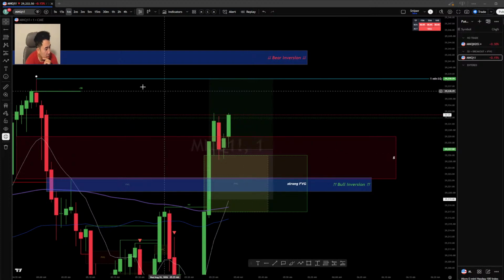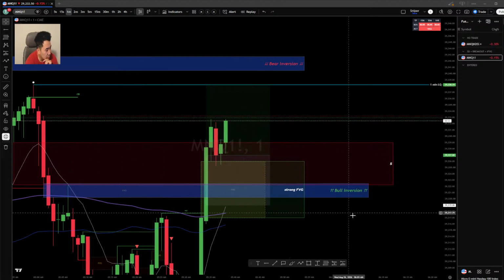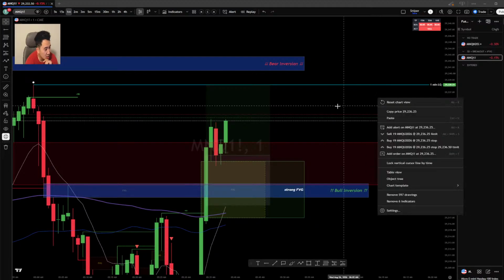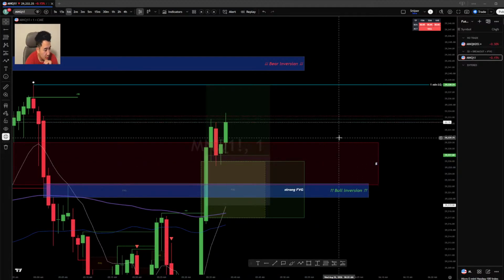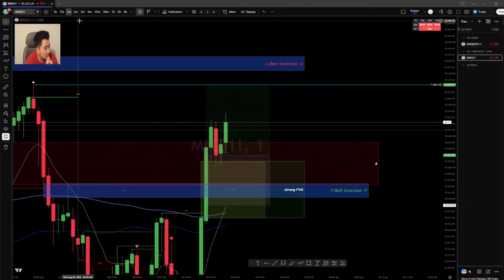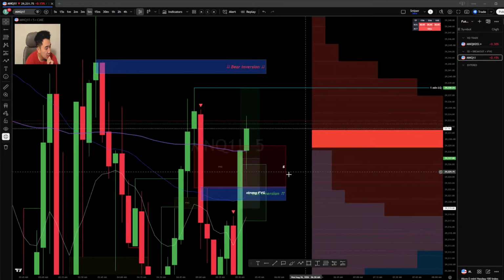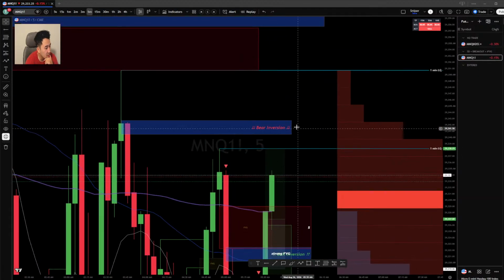If it closes over it and it pulls back down into this inversion zone, so if the 5 minute candle closes over, we could delete it and don't have to worry about that zone.